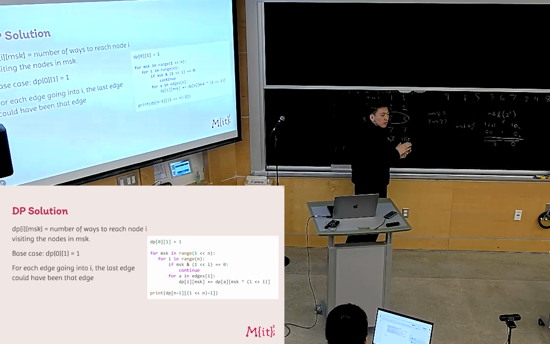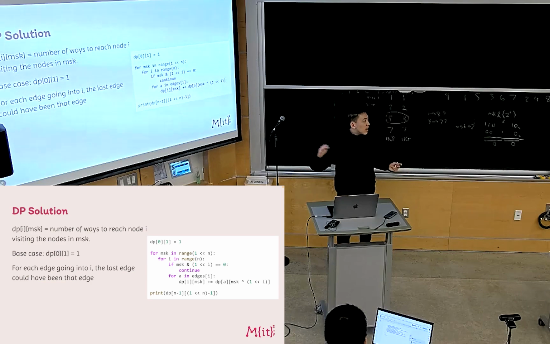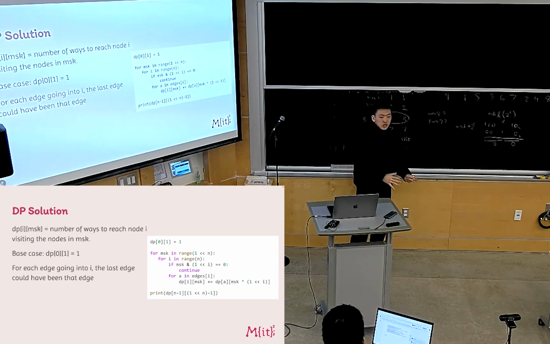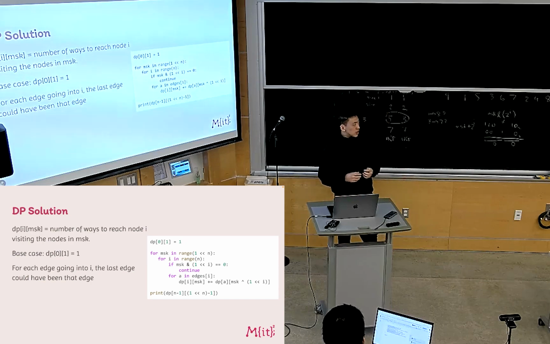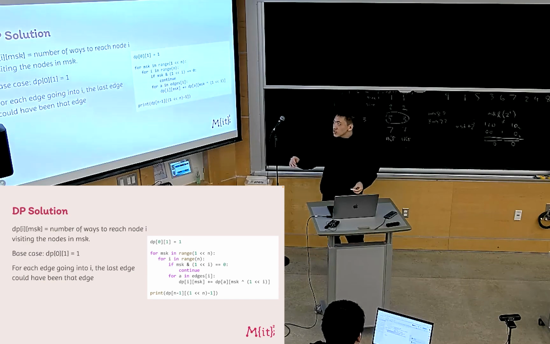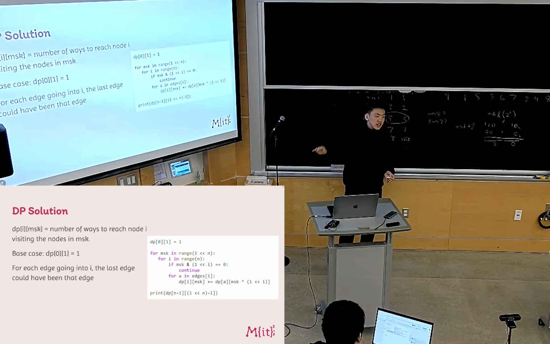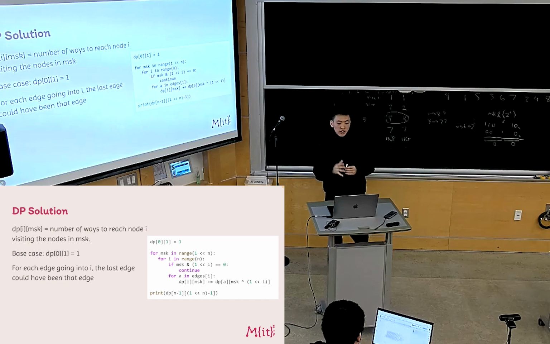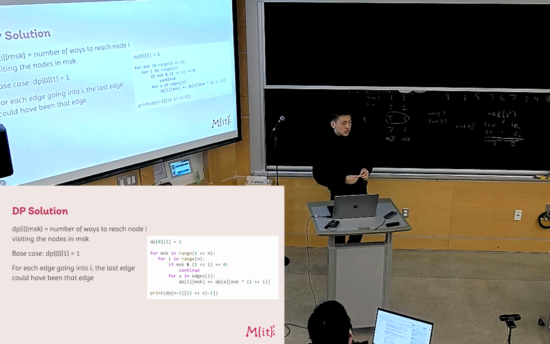So if we iterate on mask from small to large, then every mask that we reference within our DP is already calculated, because we're only ever removing bits from it. So you should almost always iterate over the mask first rather than over the node first.